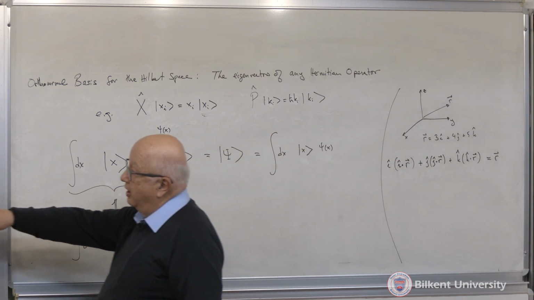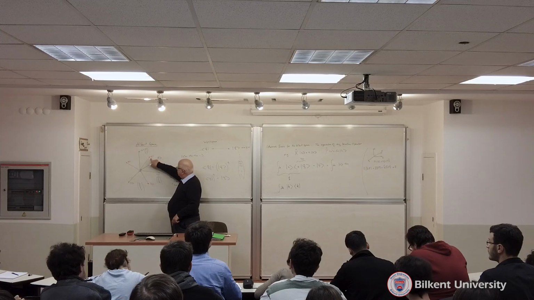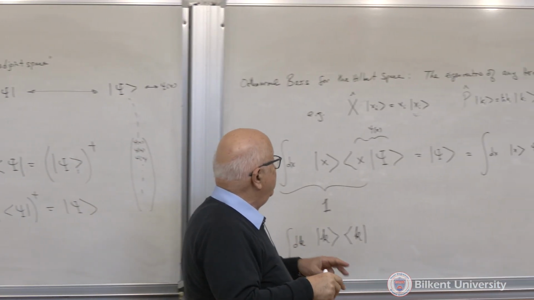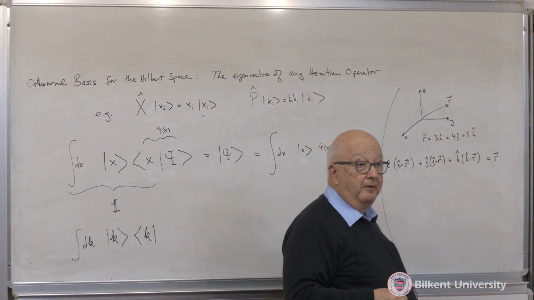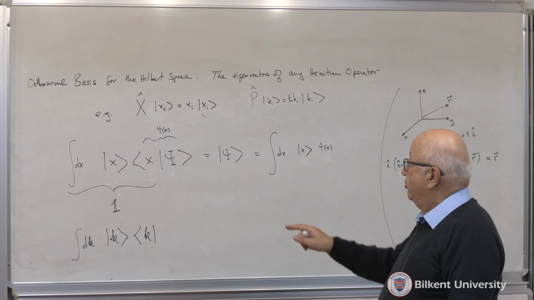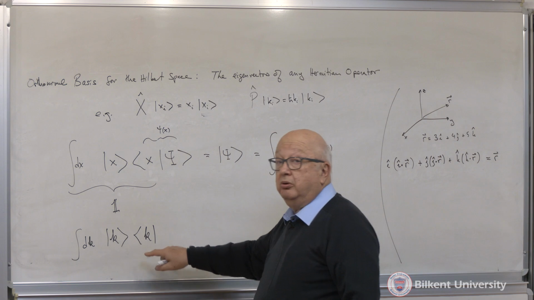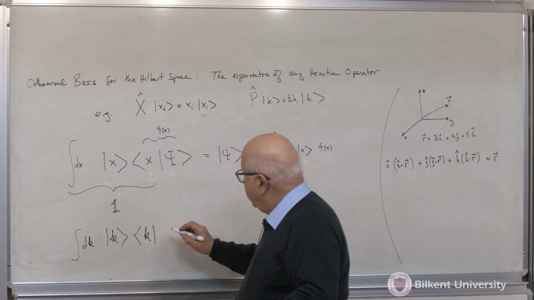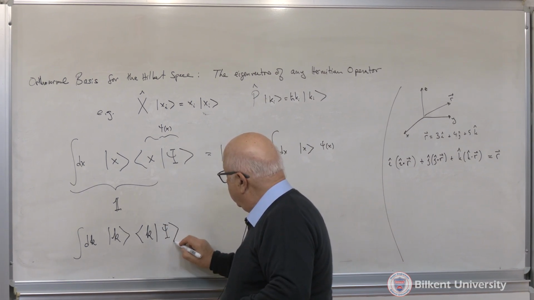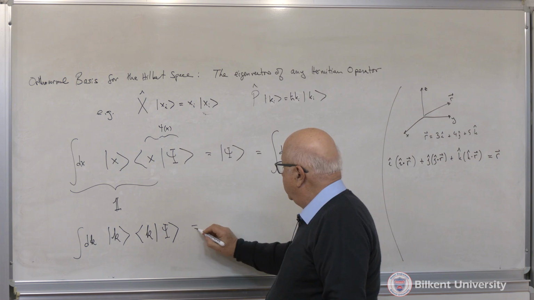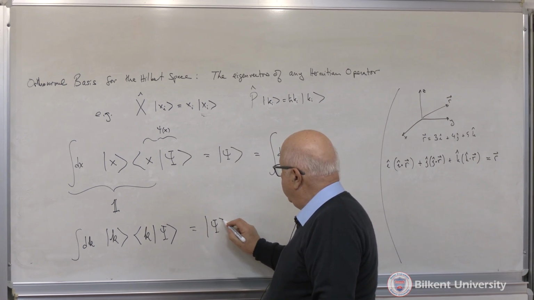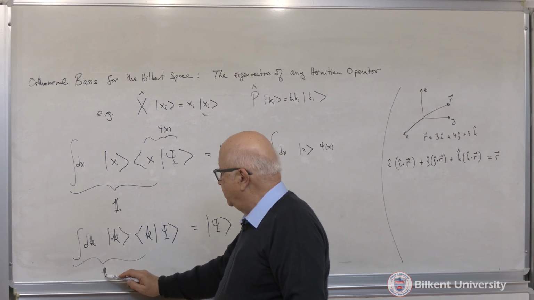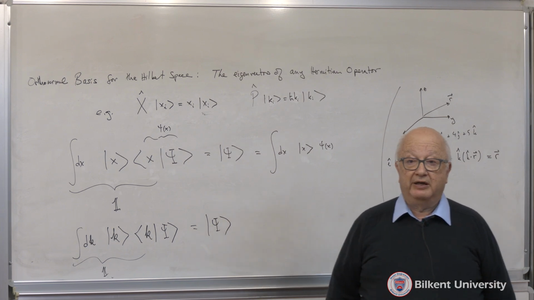So now I am working on a different basis, these p vectors, if you like. So now I'm expanding this psi, the same function, in terms of the momentum basis eigenvectors. Inner product with psi, and that's also psi. Why? Because no matter which basis I use, this is always going to be identity.